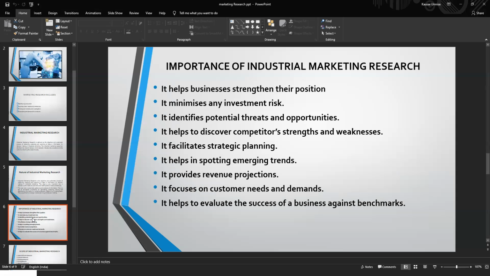It also helps in identifying emerging trends, because the information we collect becomes the pulse of the current market. So the research agency or research consultant has to see what the emerging trends in the market are, or the techniques to be adopted to achieve our goals.